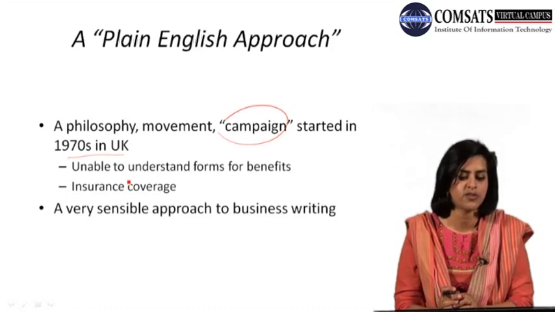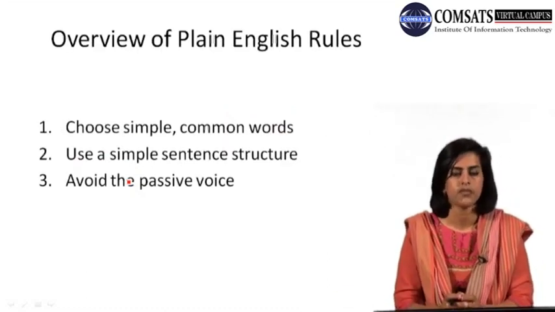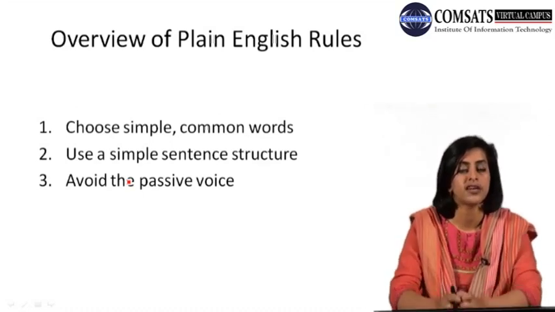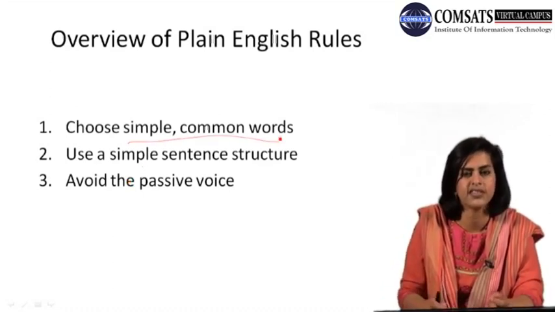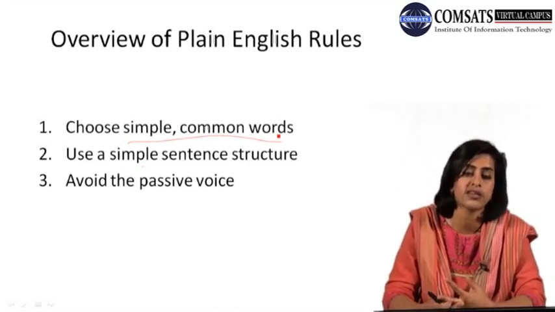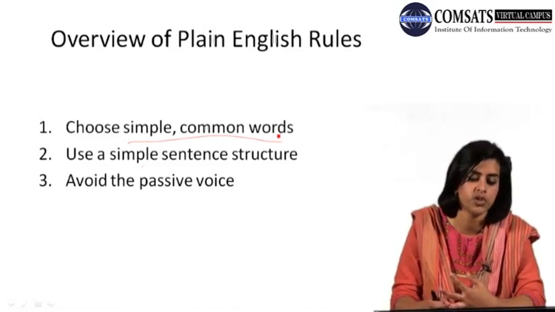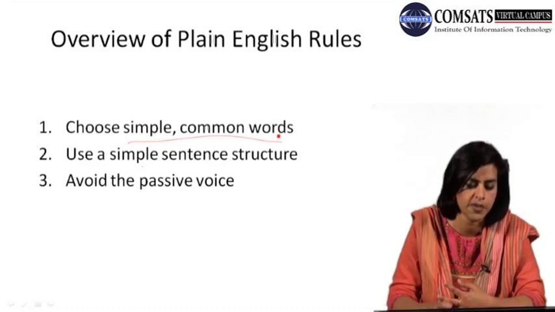That was when a very sensible approach to business writing was introduced, known as the plain English approach. The first thing it says is to choose simple and common words instead of heavy English and words which are not understandable by everyone. They preferred that we use simple and common words which are understandable by the majority of people.